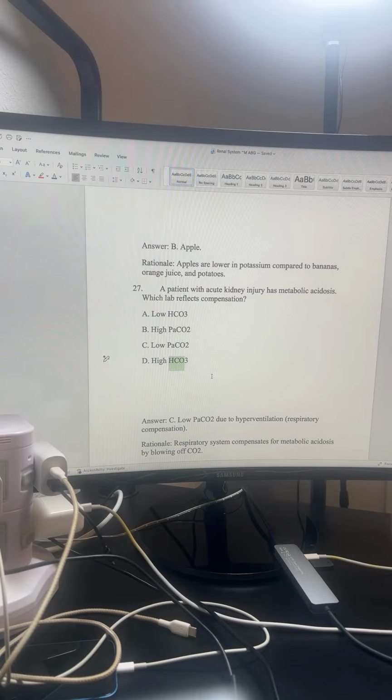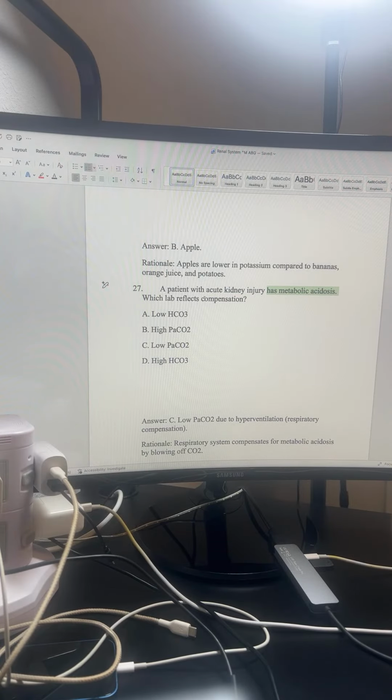Just remember, if the kidneys are being affected, what is going to be happening for metabolic acidosis? The bicarbonate goes up. If you have the respiratory problem, the compensatory system is going to be your kidneys. So just always think about the opposite. The patient with acute kidney injury has metabolic acidosis.